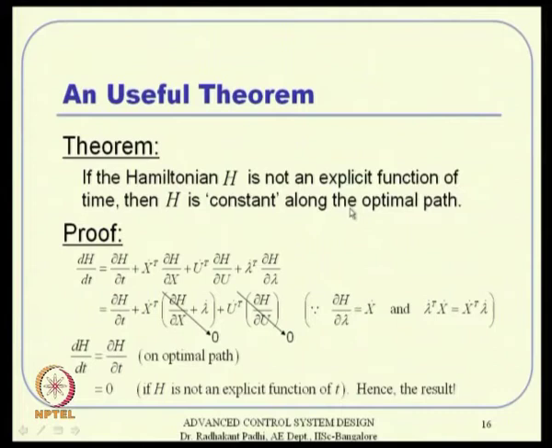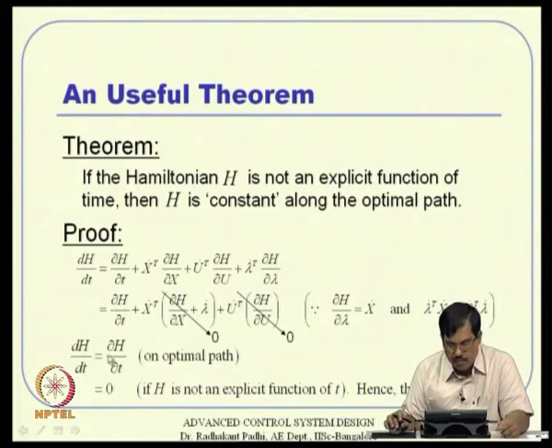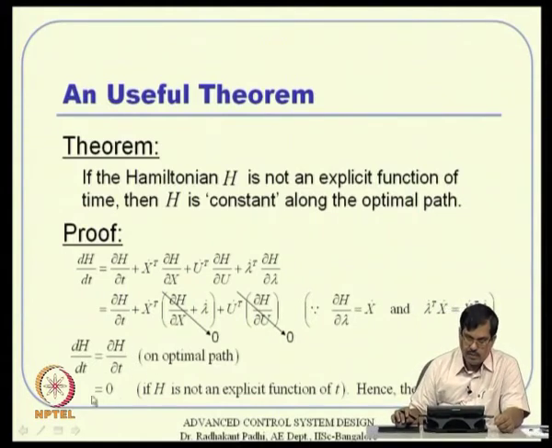The only condition that is necessary is that the Hamiltonian should not be an explicit function of time, which is a free variable. Alright, so that is a useful theorem. Sometimes it helps us to validate our results. If you claim that the Hamiltonian is not an explicit function of time, then you can evaluate this partial derivative of the Hamiltonian with respect to time, and you have to show that it is 0.